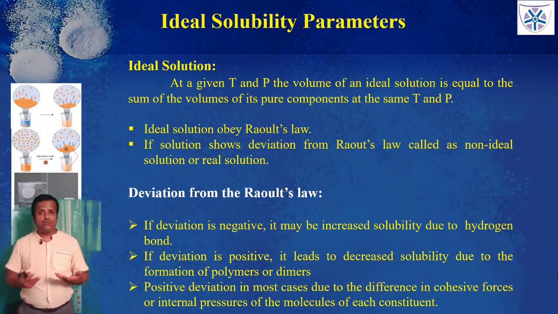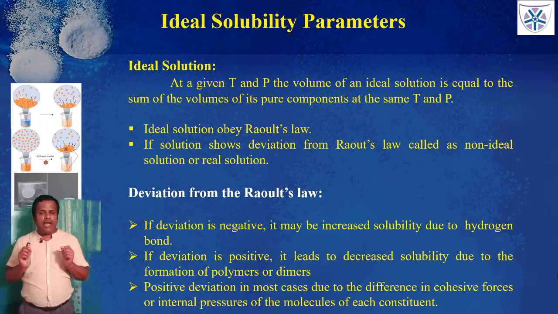That is called an ideal solution. I am repeating again, at a given temperature and pressure, the volume of an ideal solution is equal to the sum of the volumes of its pure components at that temperature and pressure.